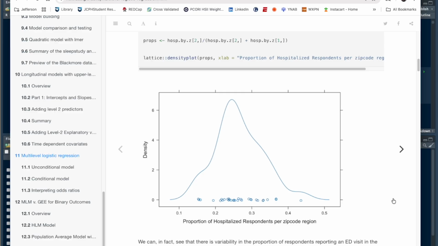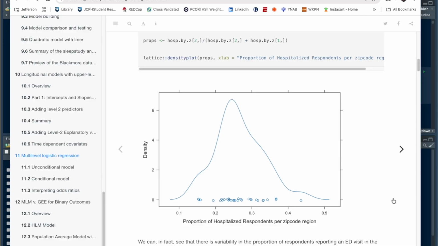You can see that it's roughly normally distributed, and that will happen when you have binomial data and you group it into a large number of groups, if the event is not too rare. Often you'll get a somewhat symmetrical distribution.